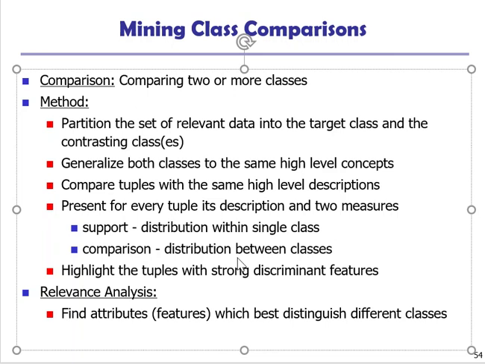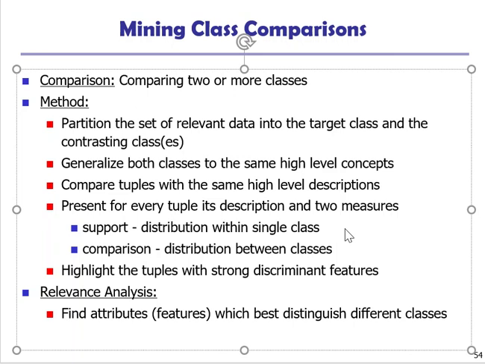For example, one of the undergraduate student tuples may have a GPA that's fair, and we can indicate what percentage of the fair GPA is within this undergraduate class.